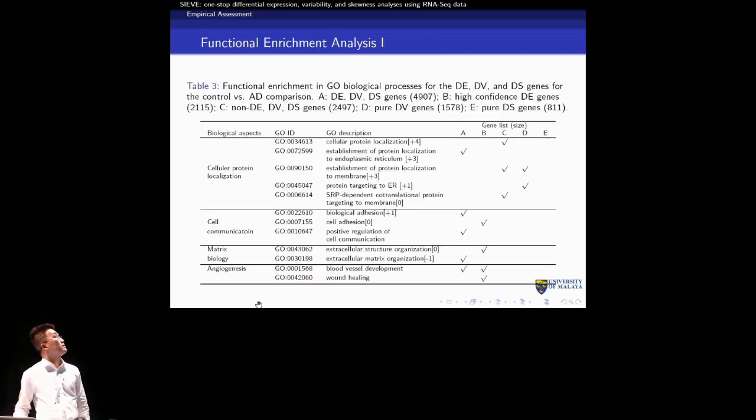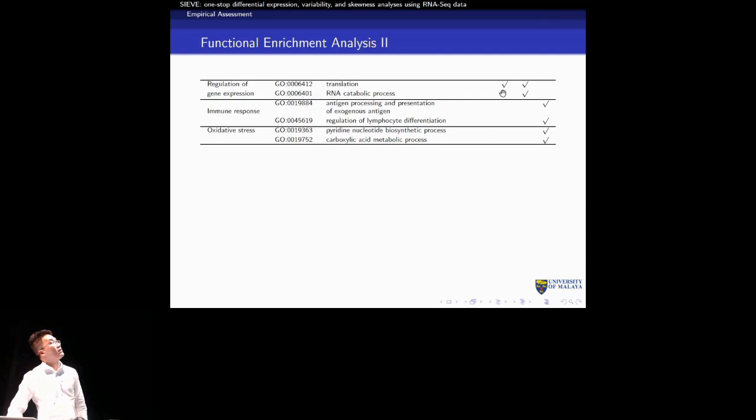Table 3 presents the concise groupings of 18 GO terms obtained using all 5 gene lists into seven biological aspects. This result shows incorporating the DV and the DS enables a more comprehensive understanding of important biological processes involved in Alzheimer's disease.